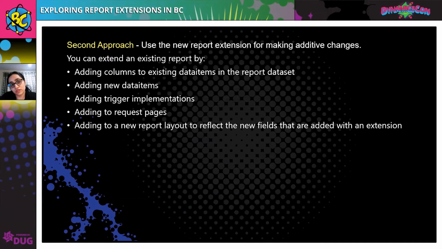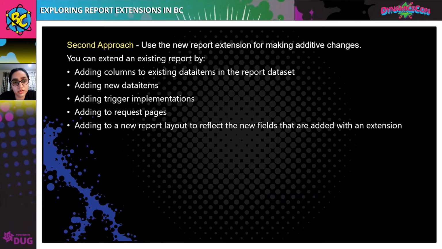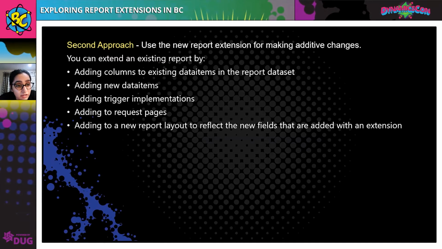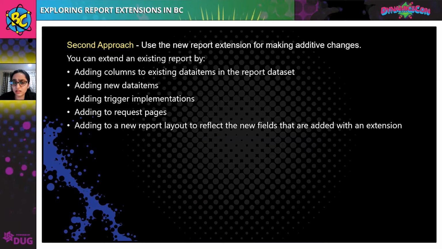The second approach, which I am thankful to Microsoft for rolling out in version 18.1, is report extensions. With report extensions, you can extend the reports by five major things which they have recently added in their release plan: adding columns to the existing data items, adding new data items, adding trigger implementations, adding to the request pages, and adding a new report layout to reflect the new fields that were added in the extensions.